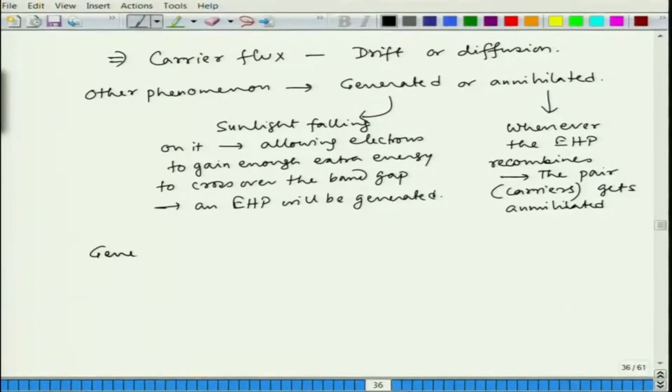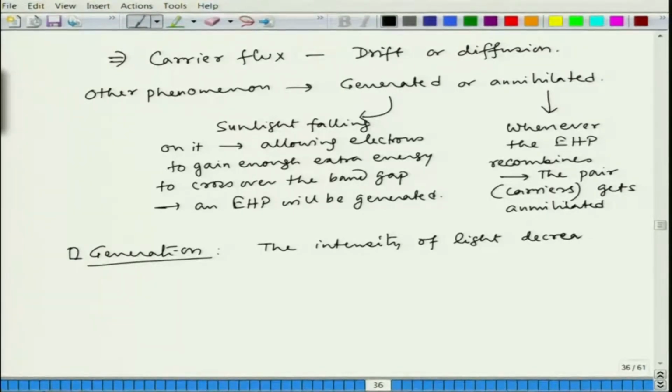Now, if we want to quantify this generation part, how can we? First of all, the intensity of light decreases as it moves to the deeper section of the material.